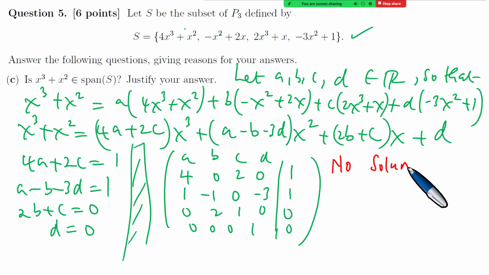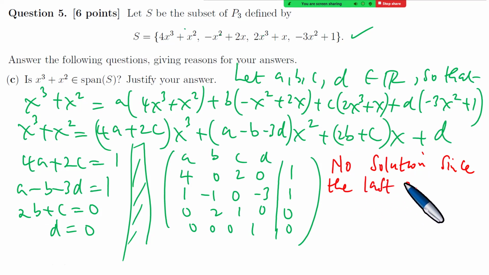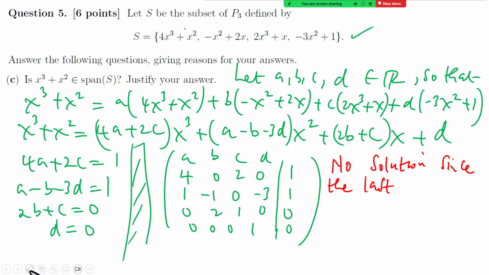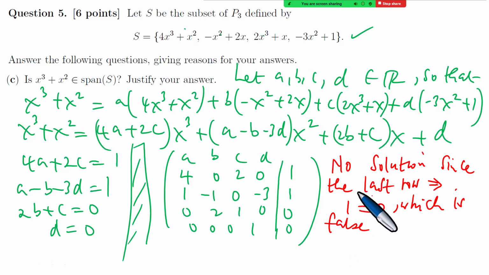Because the last row implies that 1 equals 0, which is false.